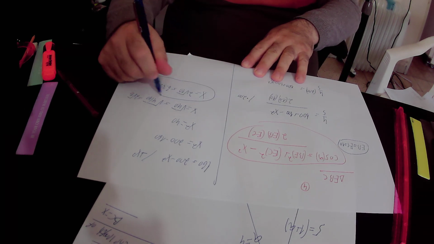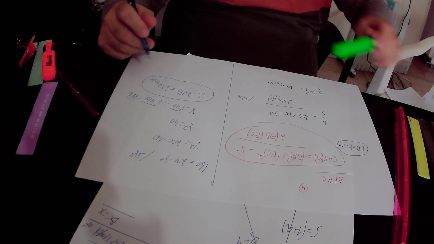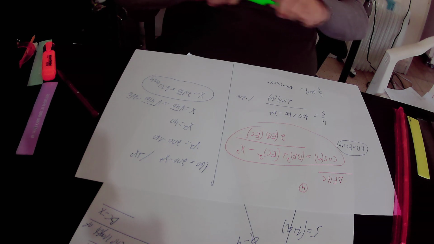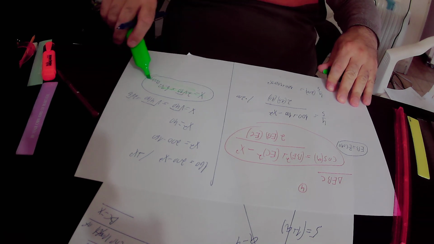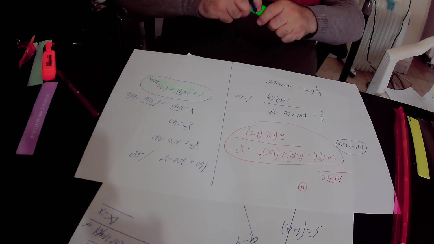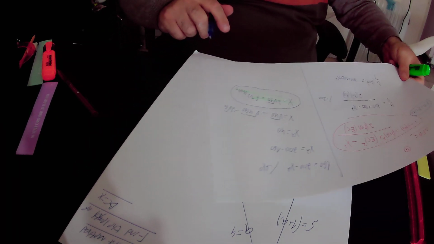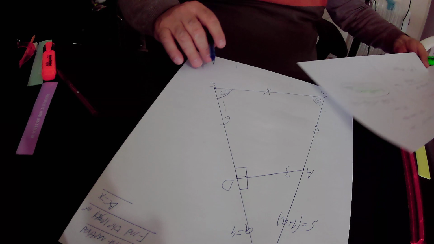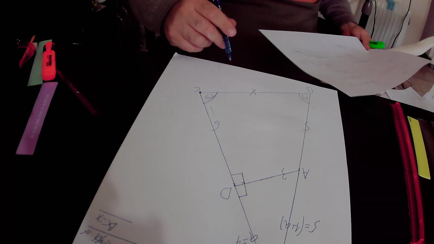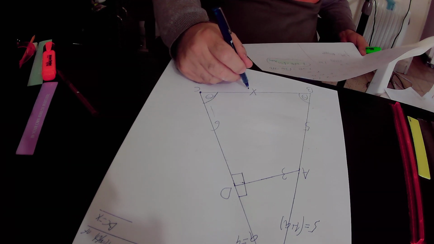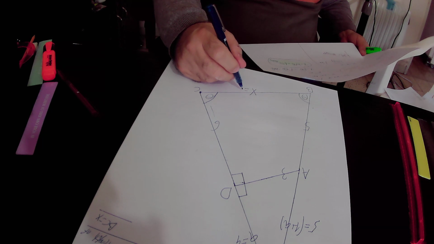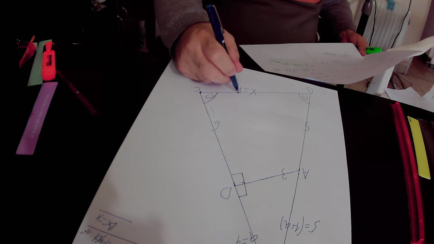Okay, so we finished with the first method. The length of line segment x, that is equal to BC, is equal to 2 times the square root of 10 units, or in terms of numbers, 6.32 units.